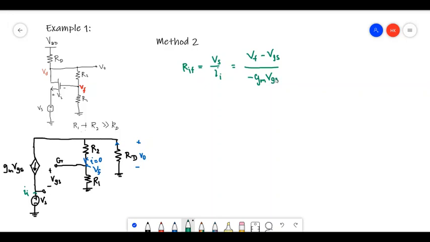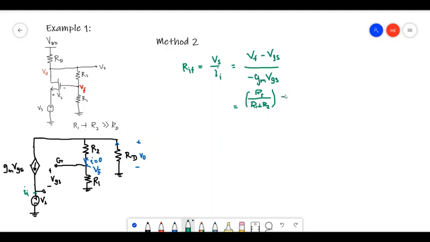So we know that Vf is R1 over R1 plus R2 times V out, right? So V out is actually minus GmVGS times RD.